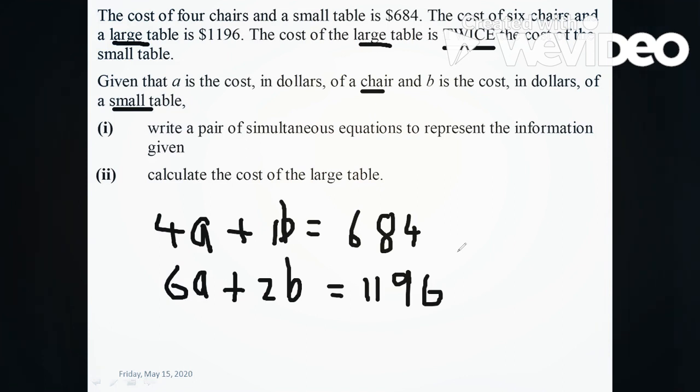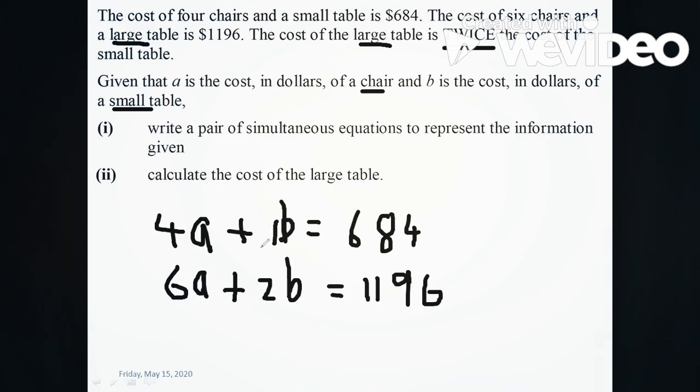Remember, we're using the method of elimination. You could also use the substitution method, but we're going to use elimination. The whole idea is that we eliminate one of the variables, find the other variable, and then use that to find the one we eliminated.